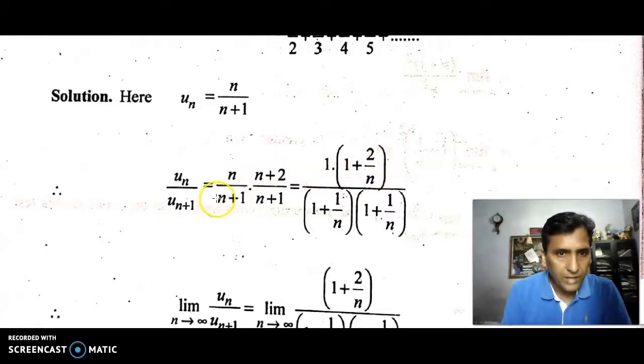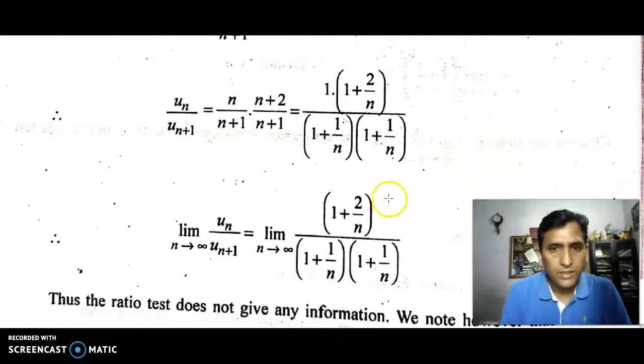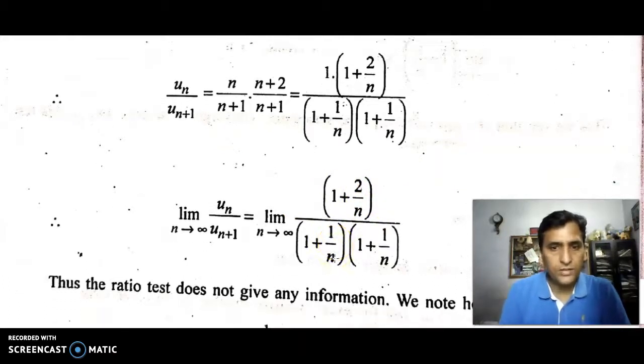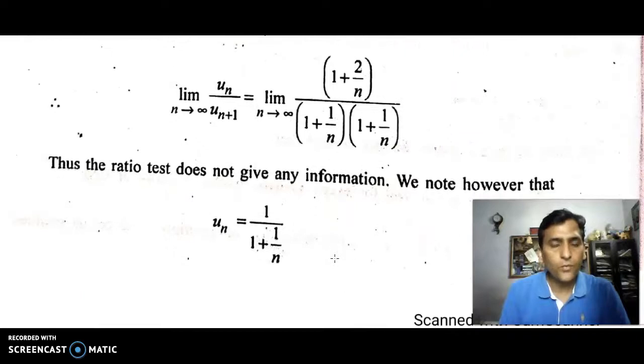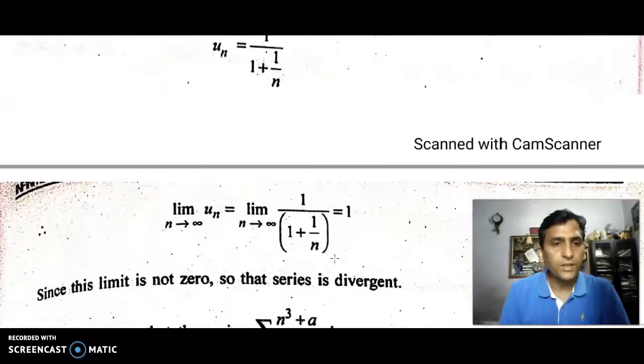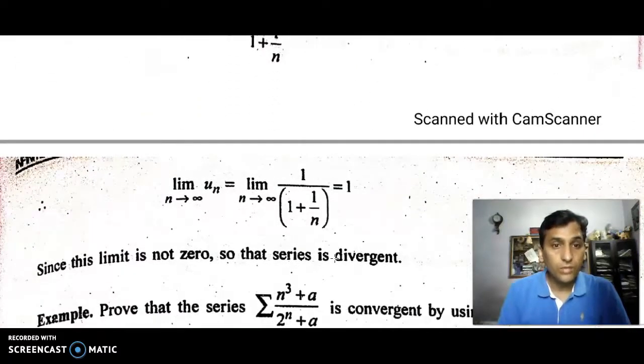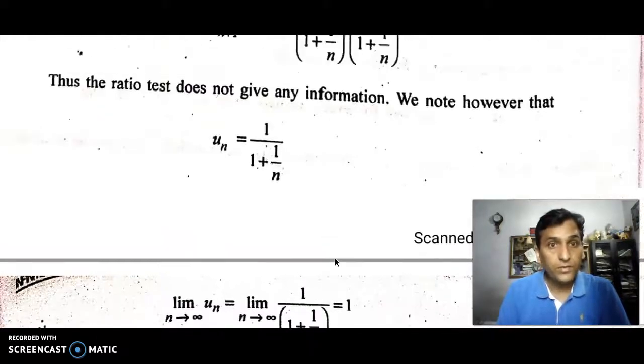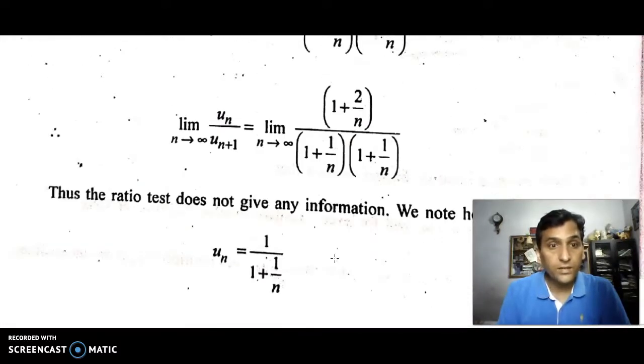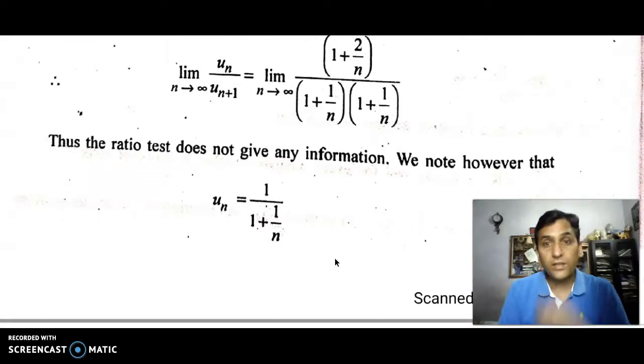Same here, we take n common, and n square cancels out. So when we take the limit, 2 upon infinity is 0, so 1 plus 0 over 1 plus 0, and the answer is 1. So we can't say anything; this does not give us information.